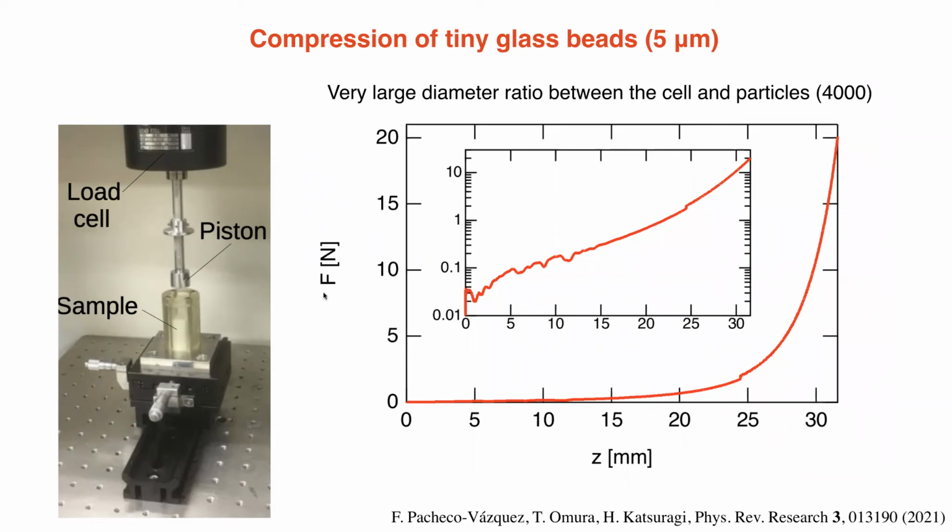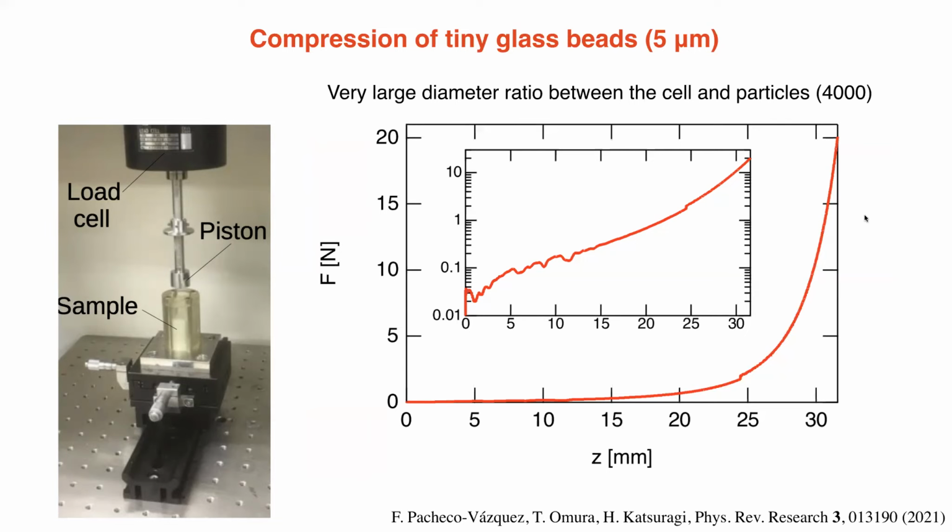As you can see here, as you compress with the piston, you measure the force acting on the piston as a function of the piston stroke, theta, and you observe that it increases non-linearly. In fact, this linear-log plot shows that the force increases nearly exponentially. So there are no peaks or sudden drops in the force for the tiny glass beads.